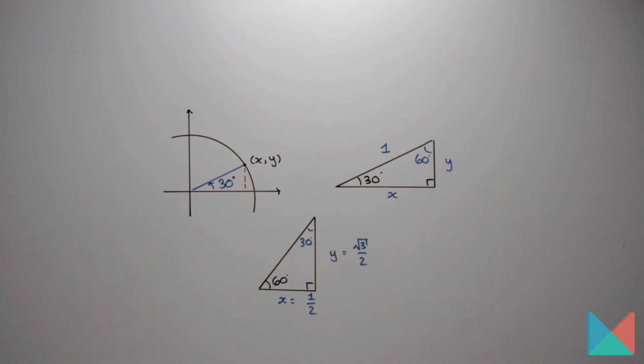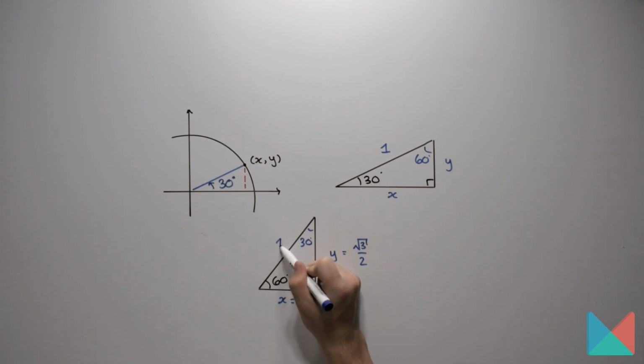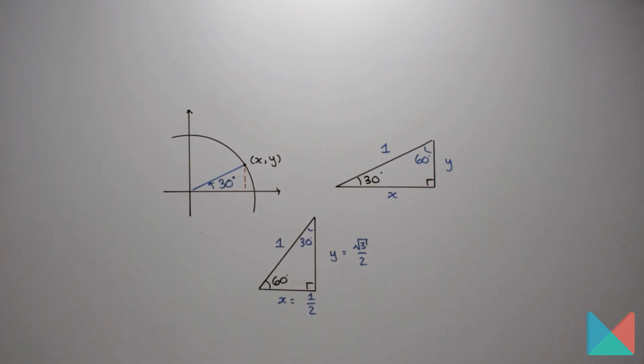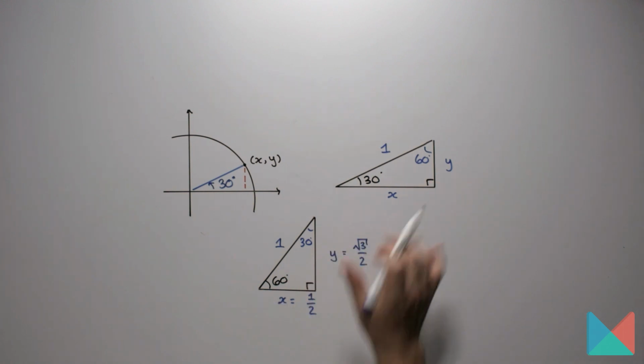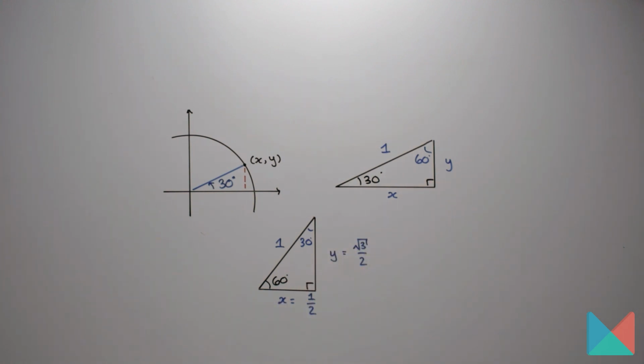And because this hypotenuse is of length 1, as it is the radius of the unit circle, and all the angles are the same, we know that these two triangles are equivalent. And so all we have to do is match the base and height and see what results we get for x and y at our angle of 30 degrees. And so if we consider our base, this is between our right angle and 60 degrees, and this is of length a half.